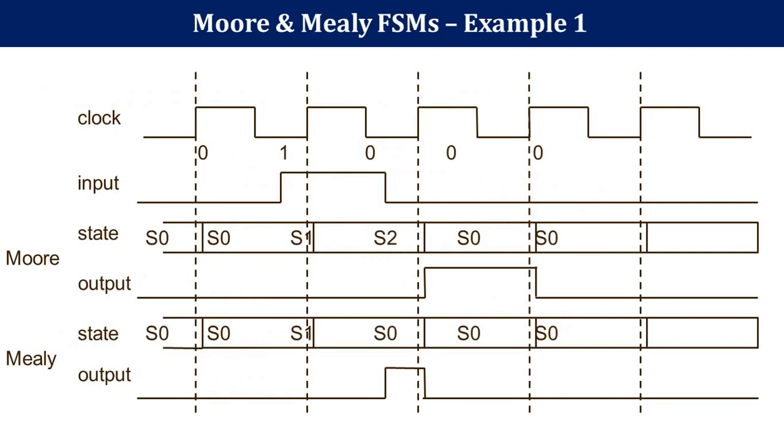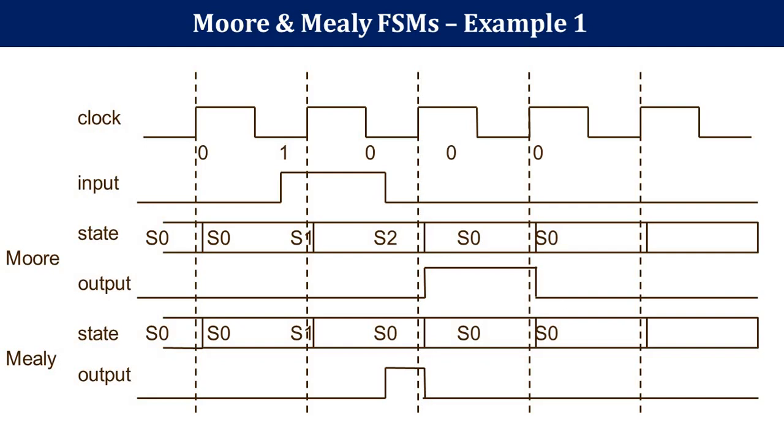This is the simple input-output waveform for the Moore and Mealy machine. Here you can observe the first waveform is for the clock, the second is for the input sequence, the third is for the Moore state and output, and the fourth is for the Mealy state and output. Here you can observe the Moore sequence is detected at S2, and the Mealy sequence is detected after S1, meaning it is faster.